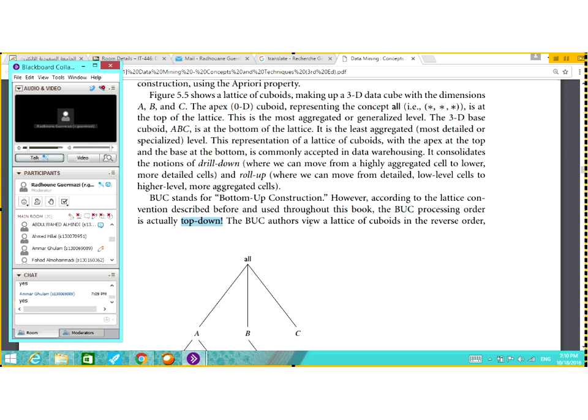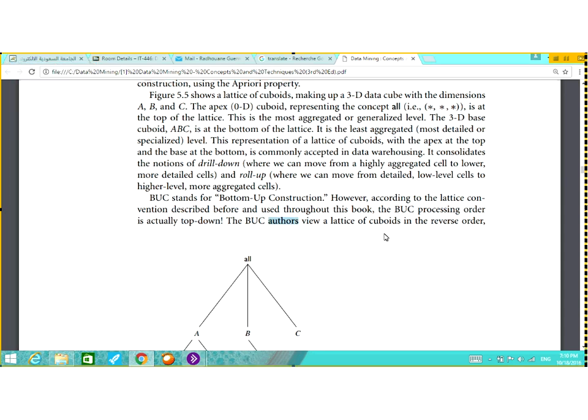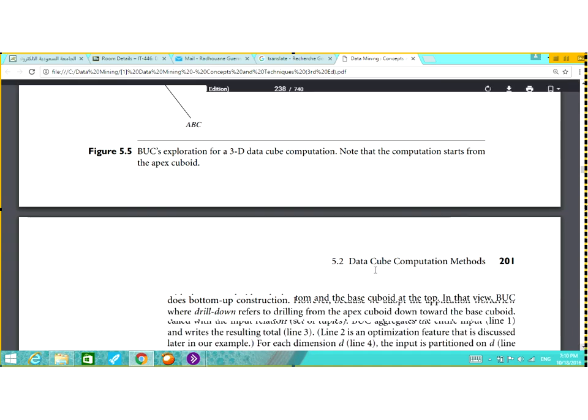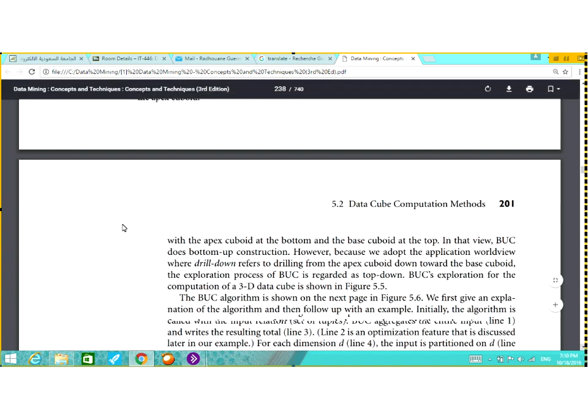But the BUG authors view a lattice of cuboids in the reverse order. So the authors of this method view the lattice of cuboids in the reverse order. For this reason, in the reverse order, that means with the apex cuboid at the bottom and the base cuboid at the top, in that view, BUG does bottom-up construction.